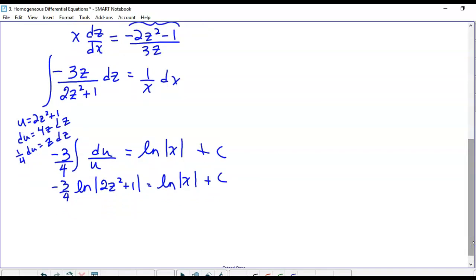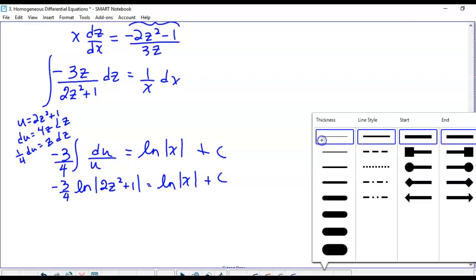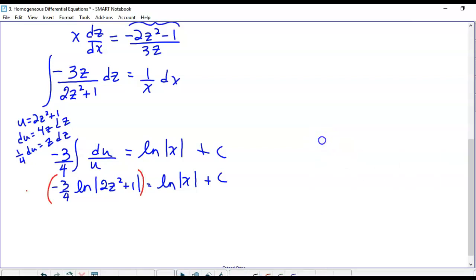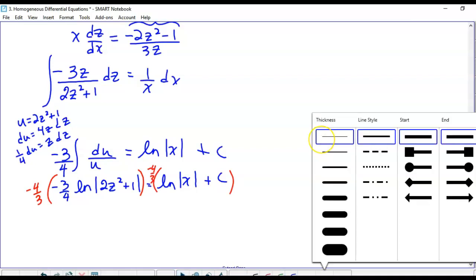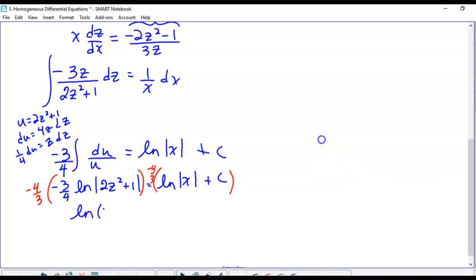Okay, so negative 3/4, that's a fourth root. Let's multiply through by negative 4/3. So that's going to be ln, and this is always going to be positive, right?